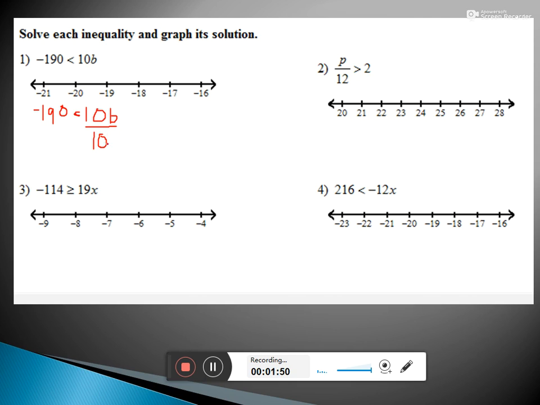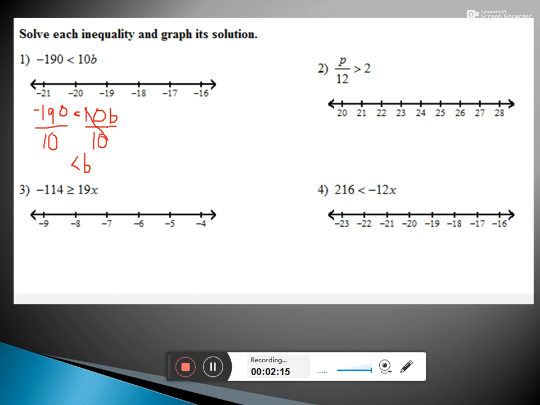So the number we're dividing by is 10. Even though over on the left-hand side is a negative 190, we're not dividing by a negative, we're dividing by a positive. So we're going to keep the less than sign a less than sign. And 10 divided by 10 is 1, so on the right-hand side we're just left with the variable b.